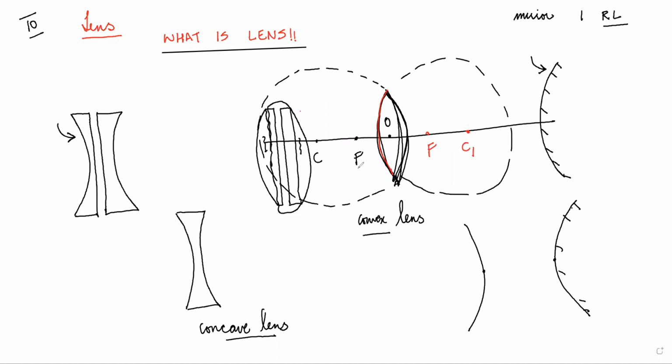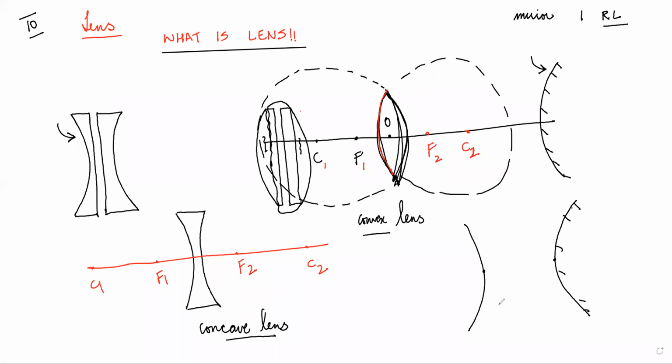That's the reason, students, we say a convex lens has two foci and two centers of curvature, right? Similarly in the case of a concave lens. So this is important: F1, F2, then C1, C2. So the concept of a lens is explained.